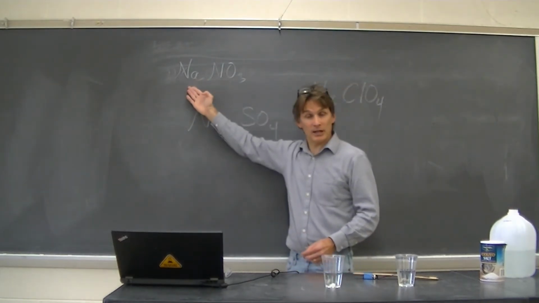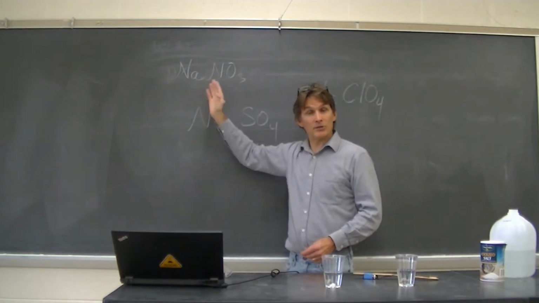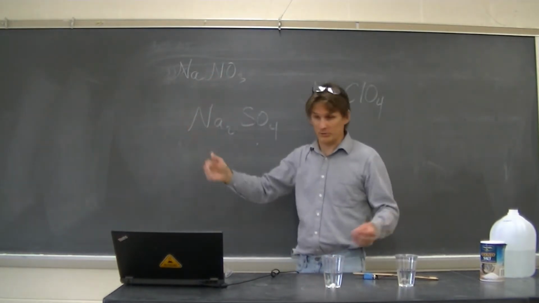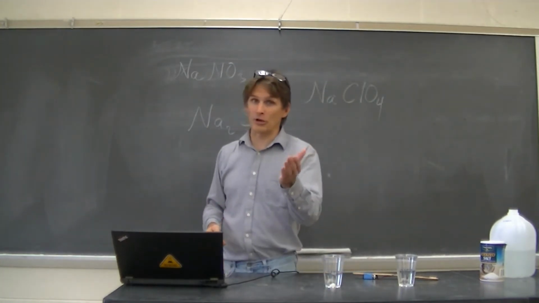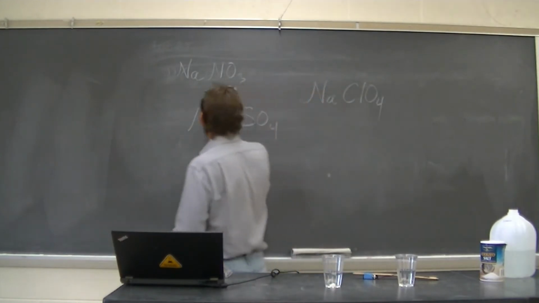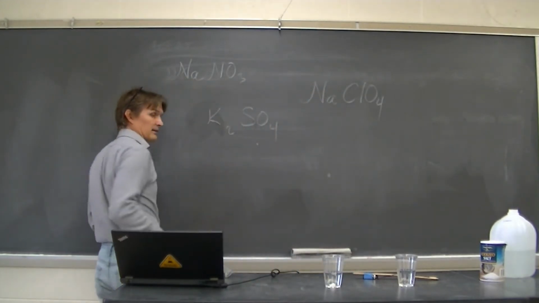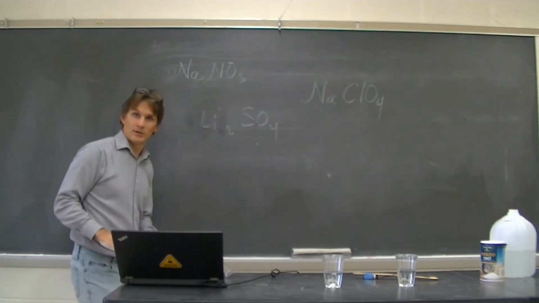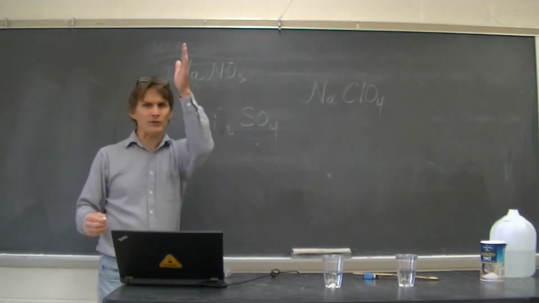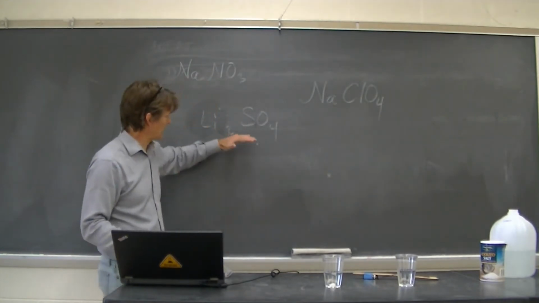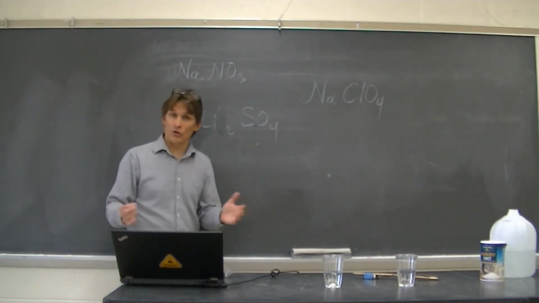Because sodium is an alkali metal, and an alkali metal ionic compound is going to dissolve in water. That's just a rule you really ought to remember. The same is true for any other alkali metal cation. So this could be potassium sulfate, and that's going to dissolve in water. Lithium sulfate, rubidium sulfate. Anytime you see a first column element in an ionic compound, you know that it is going to dissolve in water.